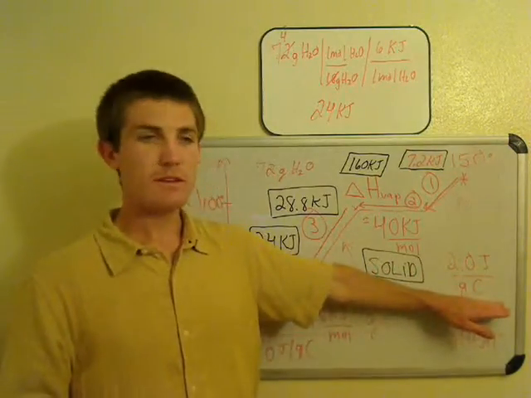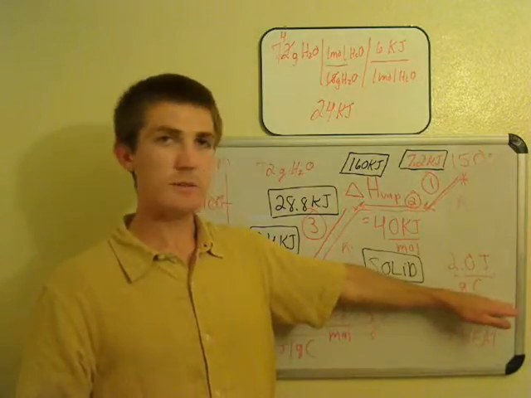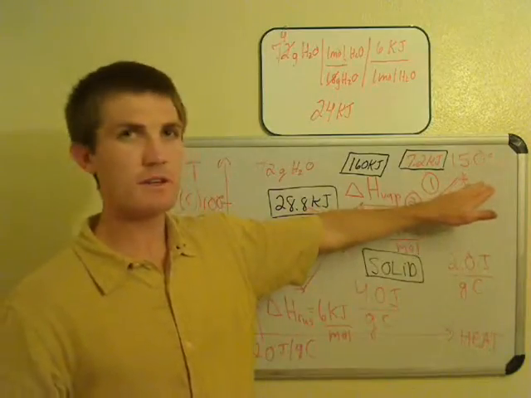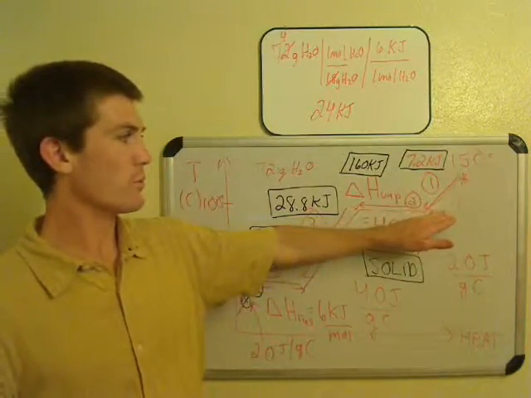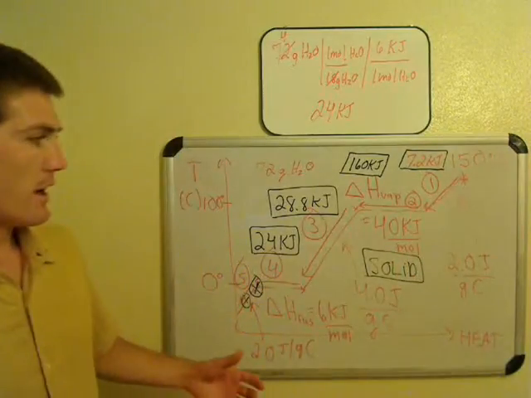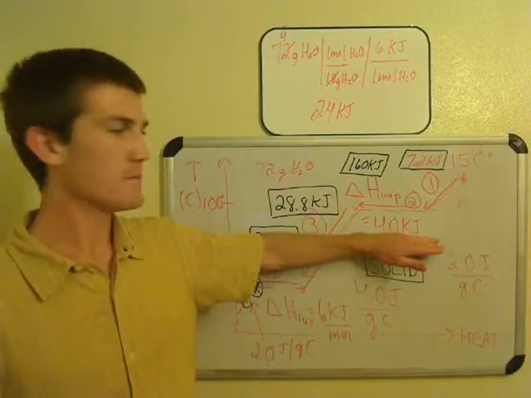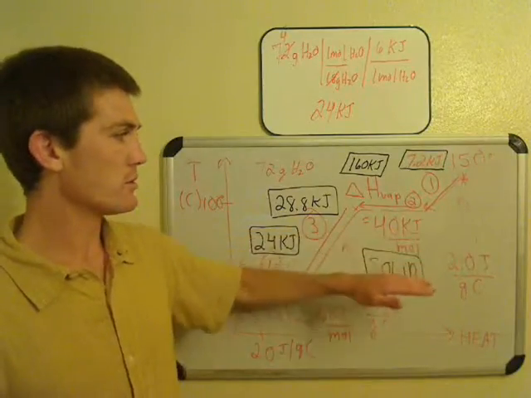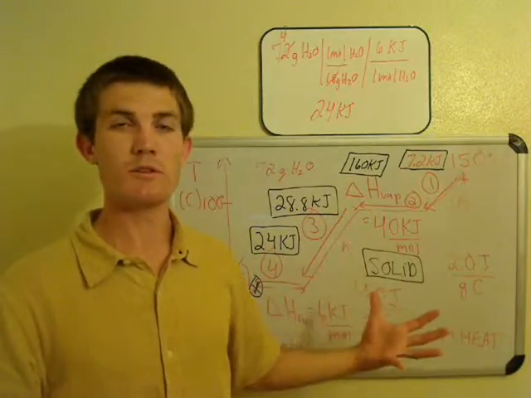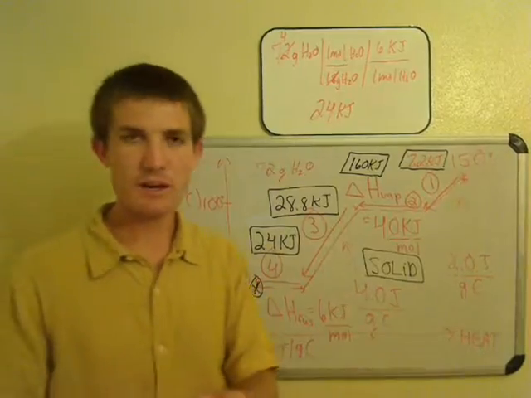For heat capacity, we had to multiply by grams and a temperature change, like 150 to 100 degrees would be a 50-degree temperature change. Whereas for our enthalpies, we have kilojoules per mole, so all we had to do was multiply by the total number of moles of water.